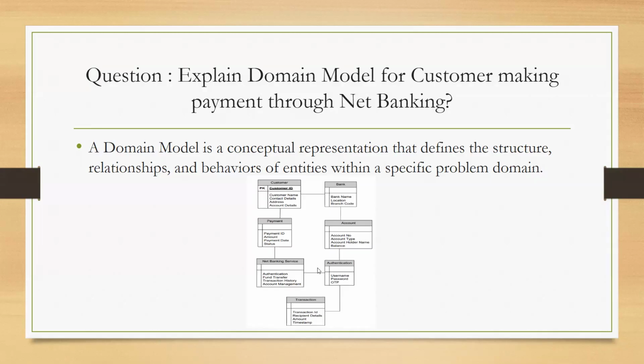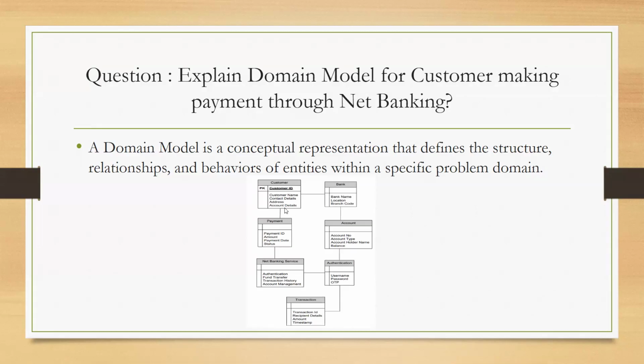It is usually represented using entities or attributes and association rules. I think you know about these association rules, right? One to one, one to many, many to one. These are the types of association rules through which you can show the relationships. For example, here I've represented a sample diagram. A customer initiates net banking, and a payment is initiated, so a connection has been given.